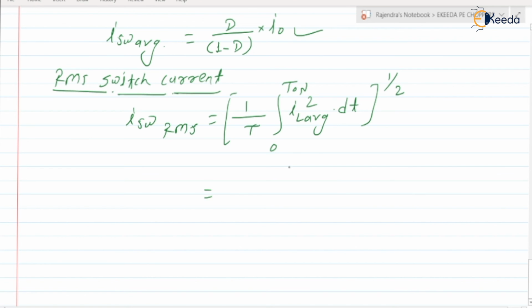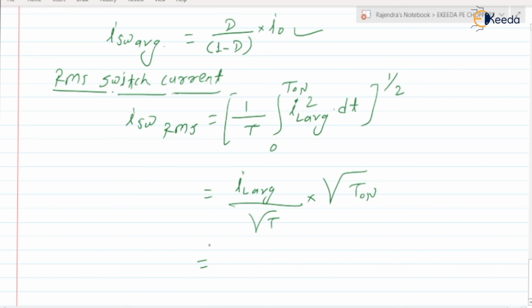IL average square is a constant, so take it outside. It is like IL average divided by root T into under root T on. What is IL average?